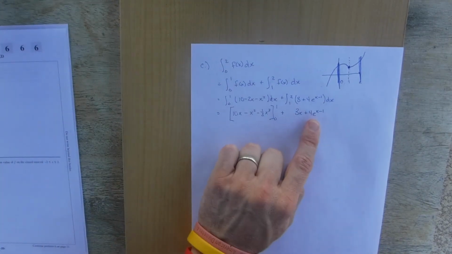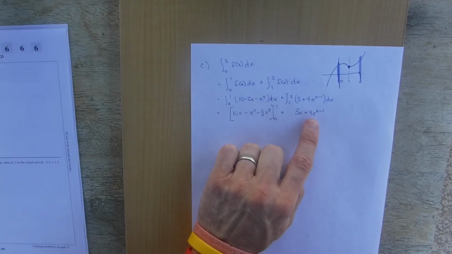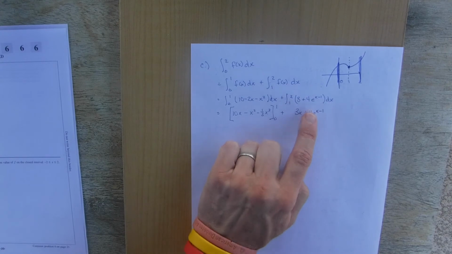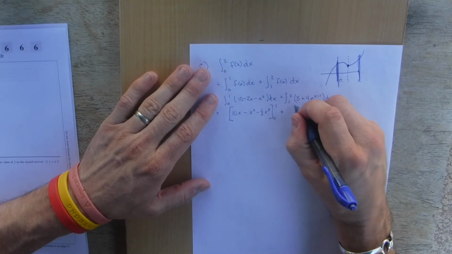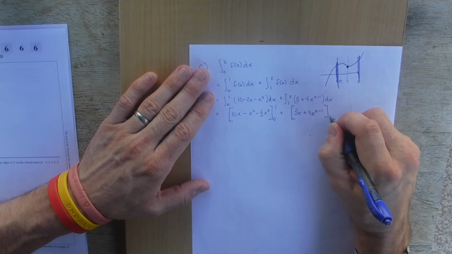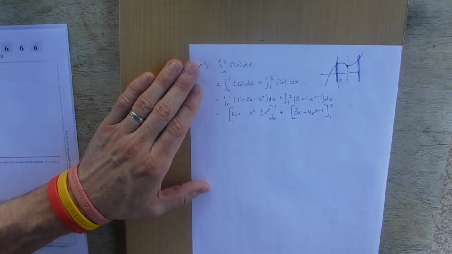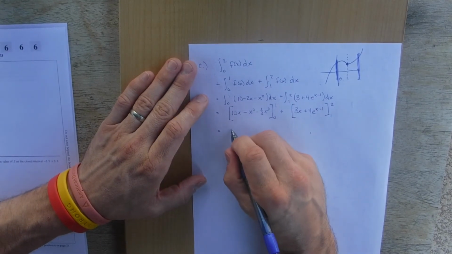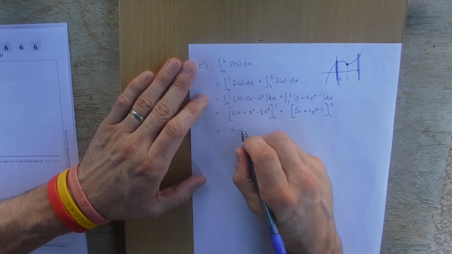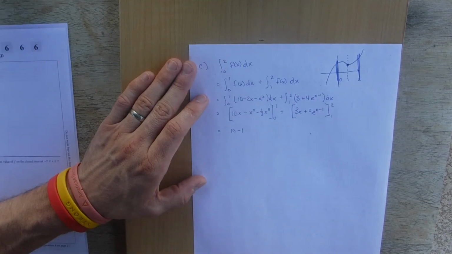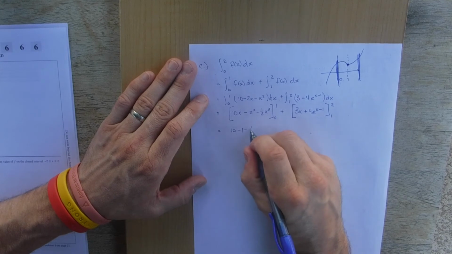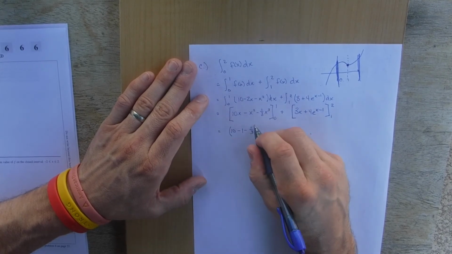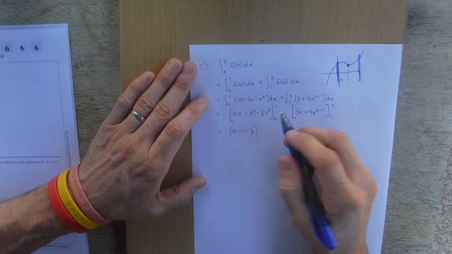Just quickly take the derivative of this, and the derivative of this is this, and so okay, we're okay. 1 to 2. Alright, plugging in 1 minus the 0, so this is going to be 10 minus 1 minus 1/3 minus 0.